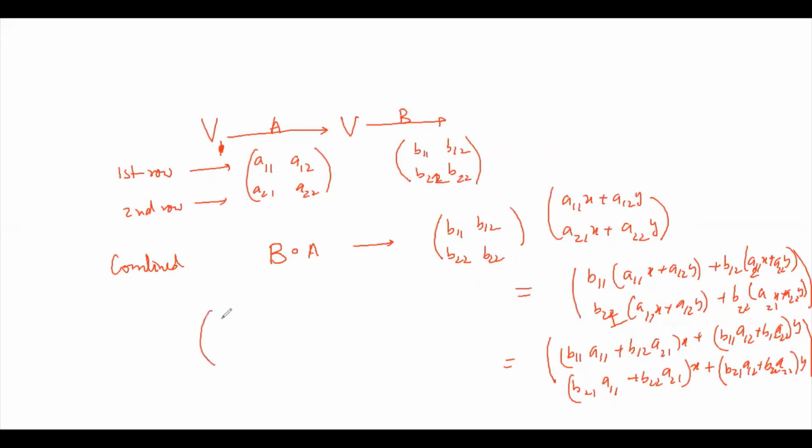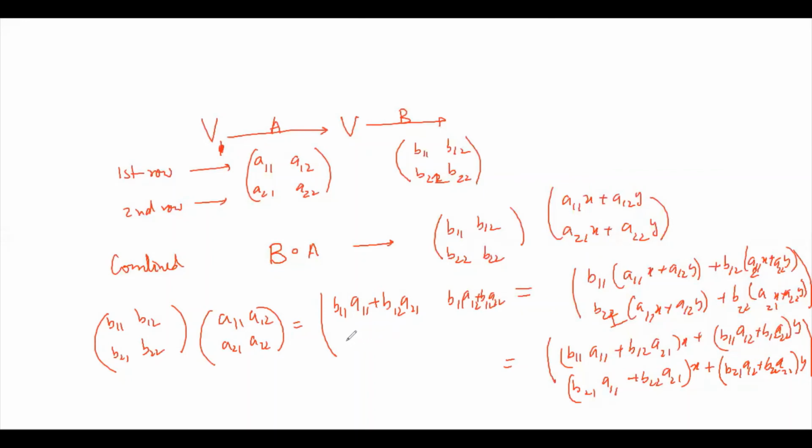But this is nothing but a matrix. Basically what we are saying is, if you combine the matrix A11, A12, A21, A22 and act on it from the left by B11, B12, B21, B22, then we get the matrix B11 A11 plus B12 A21, B11 A12 plus B12 A22, and B21 A11 plus B22 A21, and B21 A12 plus B22 A22.